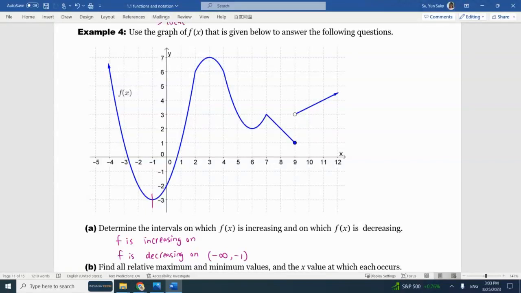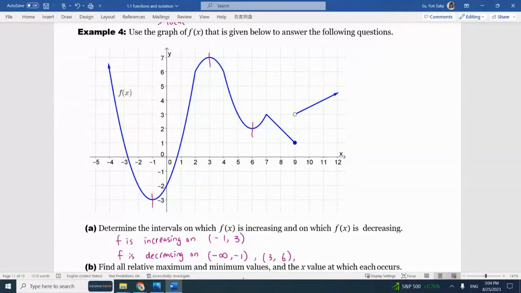Next, -1 up to what? 3. Increasing or decreasing? Increasing. So -1 to 3. Next, 3 to 6. Decreasing. Next, 6 to 7. Increasing.